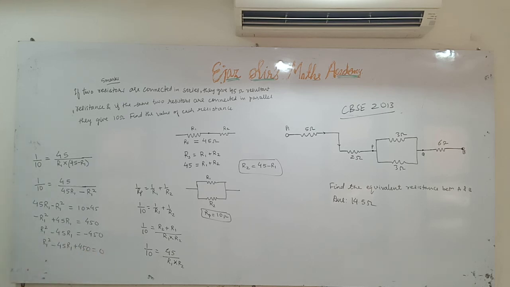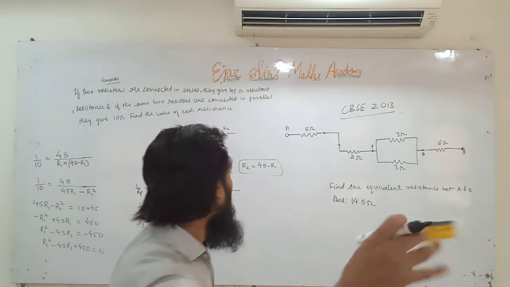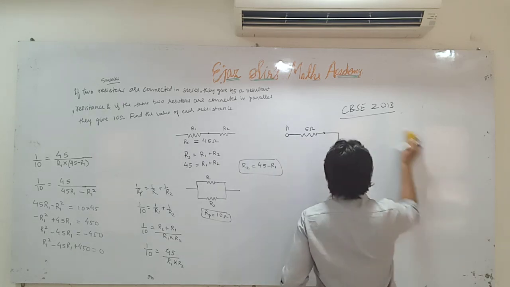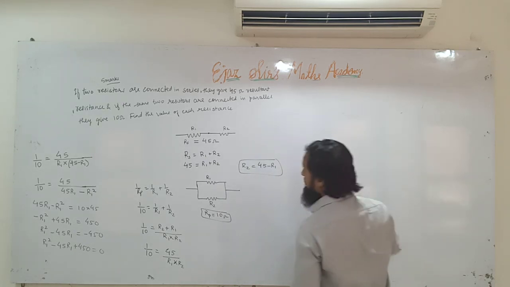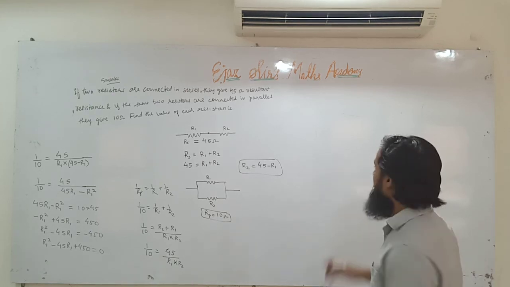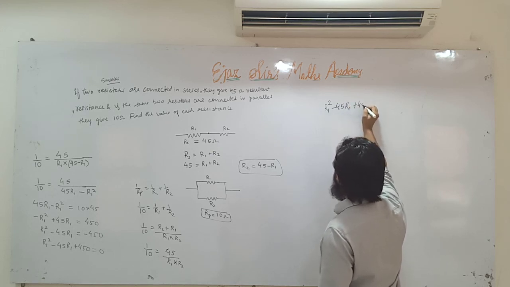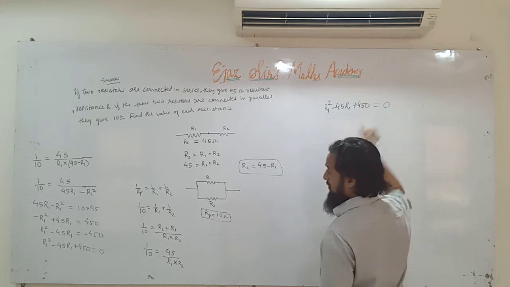Don't you think that it has become a quadratic equation? Yes, it is a quadratic equation. Then find the factors. So what is the equation? R1 square minus 45 R1 plus 450 is equal to 0.